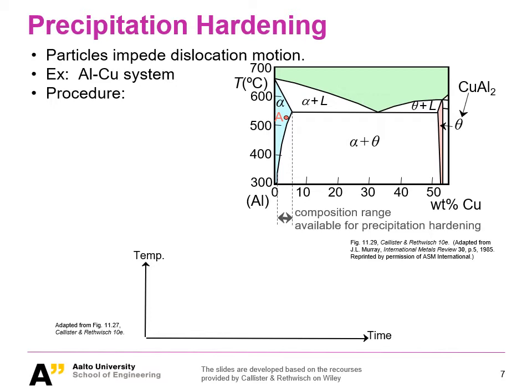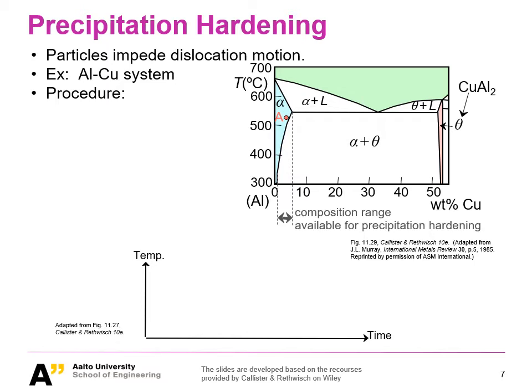Because it is a rare process and it has a specific purpose, which is to just produce precipitates and to just harden the material. That's why we are giving a specific name, which is called precipitation hardening, and we also call this kind of heat treatment procedures precipitation hardening procedures.